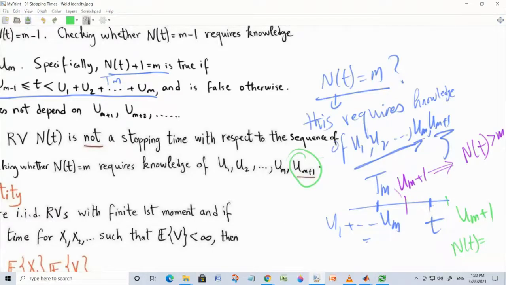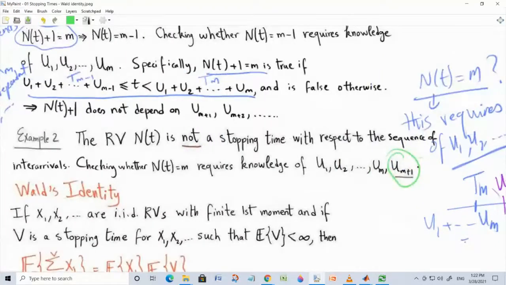According to the definition of a stopping time, if you study the event that the random variable is equal to m, the random variable is a stopping time so long as it depends on the elements of the sequence up to, in our case here, U_m. But here we need U_{m+1} to make sure whether N(t) is equal to m or not. So N(t) itself is not a stopping time, but N(t) plus 1 is a stopping time. Okay.